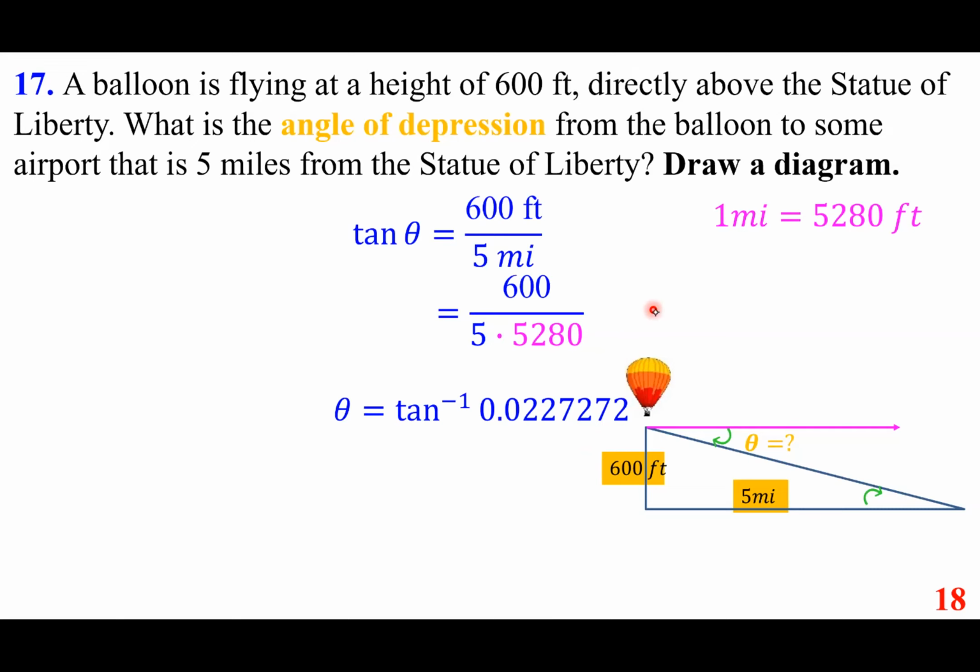And theta is tan inverse of that. So theta is the tan inverse. So it's almost 1 degree. So 1.302 degrees. That's the angle of depression at that point.